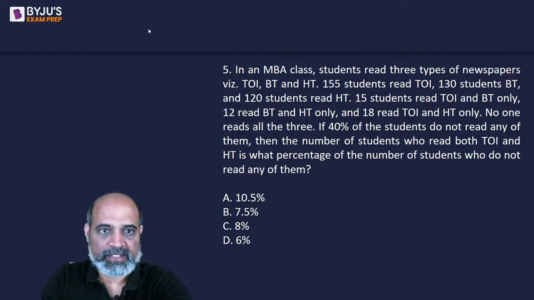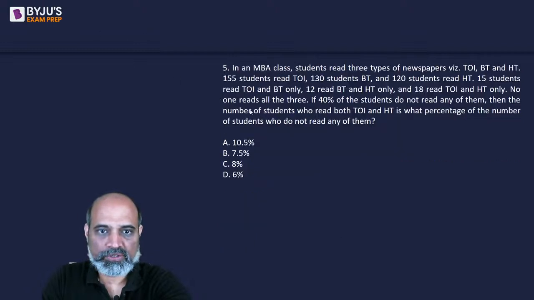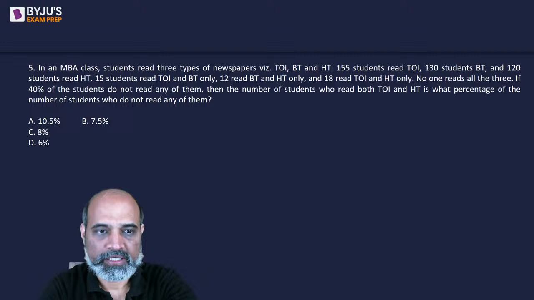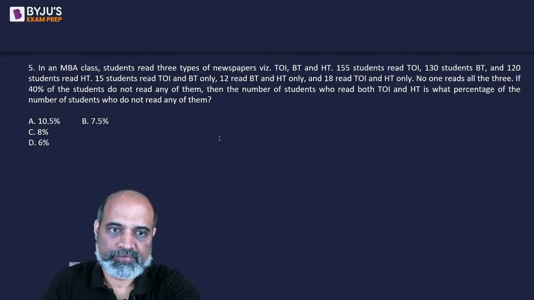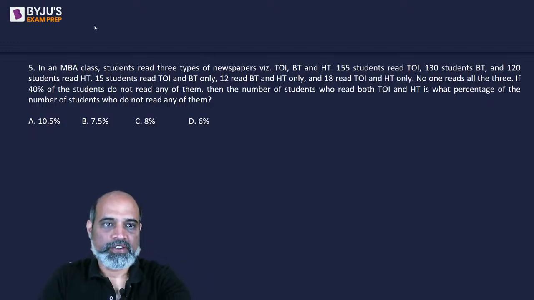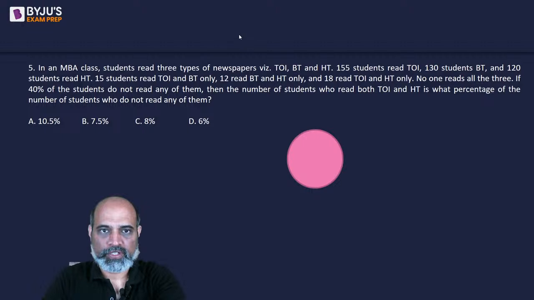For this, I need some space. So I'm going to make some space here. Let me do a bit of formatting so that you guys see everything. Okay. We need 3 circles. So we have got 1.